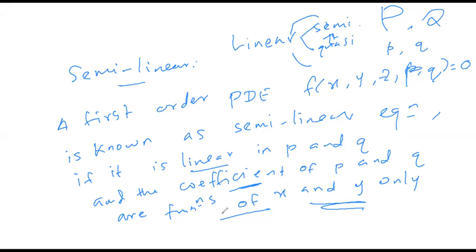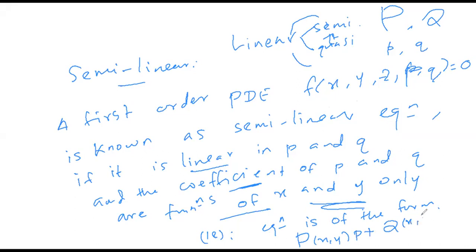So write down the equation, it should be in the form: capital P of x comma y times p plus capital Q of x comma y times q is equal to capital R of x, y, z.